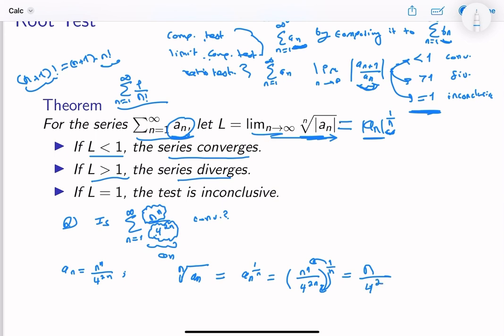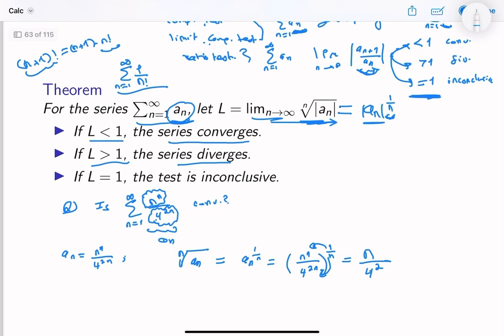So this is what you're left with, and the next thing to do is to compute the limit of that thing. We compute the limit of n over 4 squared as n goes to infinity. But what is that? Well, it is just plus infinity.